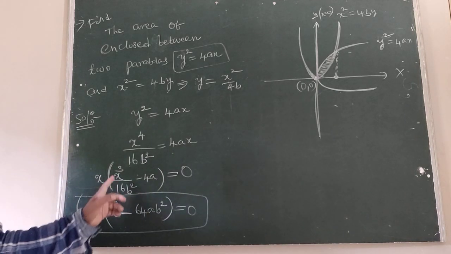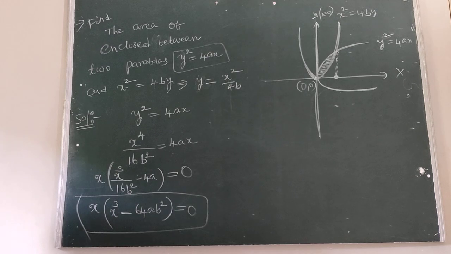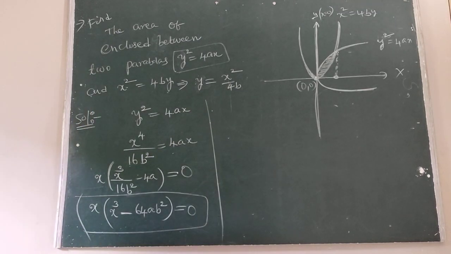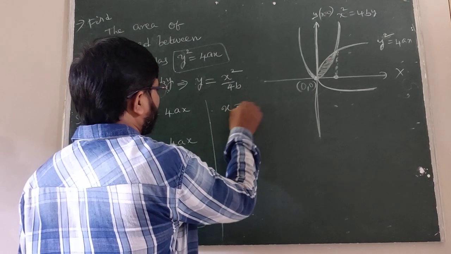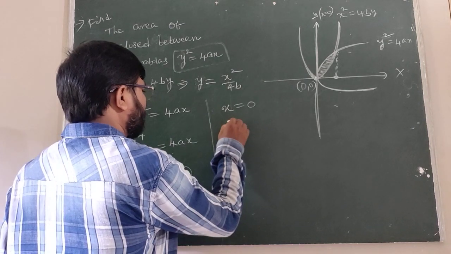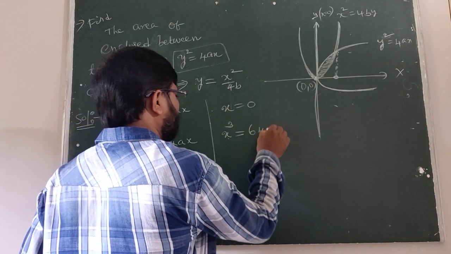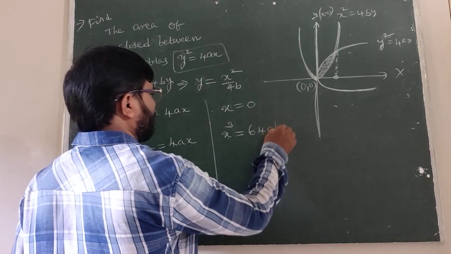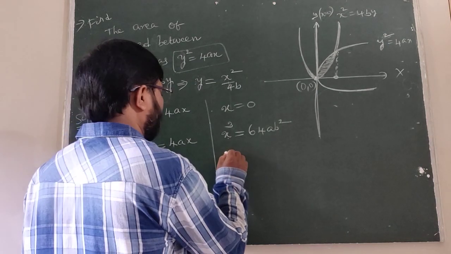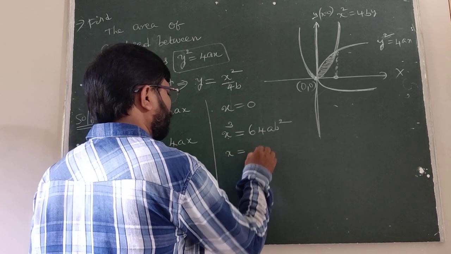Now the first factor is 0 and the second factor is 0. The first factor gives x equal to 0, and the second factor gives x cube equal to 64ab square.